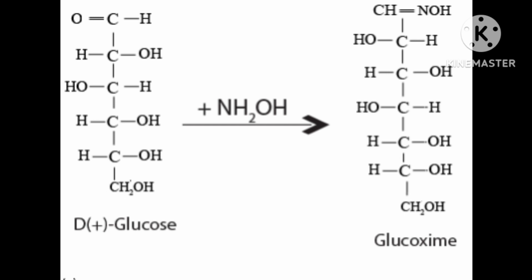And one H was already there with carbon, in CHO. Only the carbon-oxygen double bond is broken; carbon became positive and oxygen became negative. Then CN joined with the positive carbon, and H plus joined to the negative O. An O-H bond is formed and O is attached with carbon, correct?